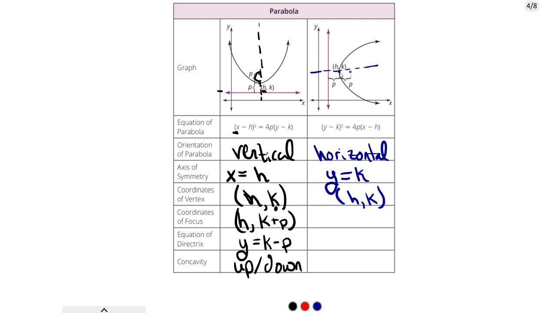But this time we're moving the x value, so the focus will be (h plus p, k). And then the directrix is going to be x equals, again we're dealing with h, so we're dealing with the x value, minus p. And these are the ones that open right or left.